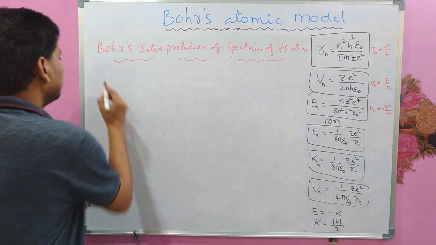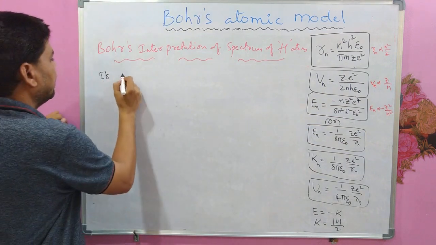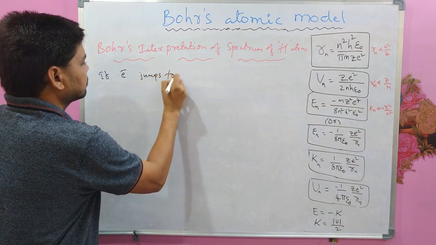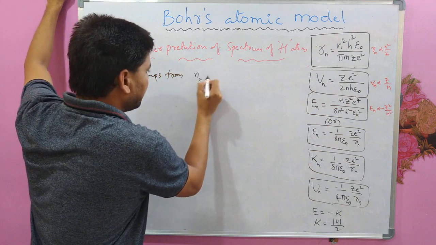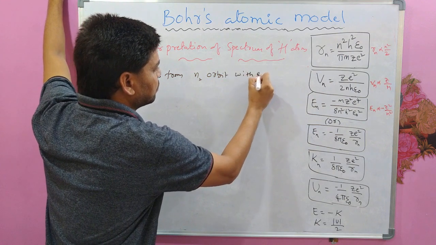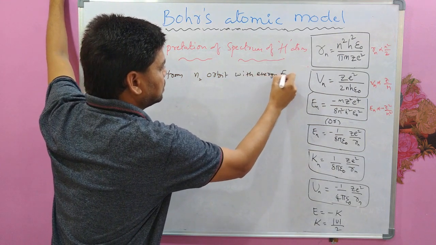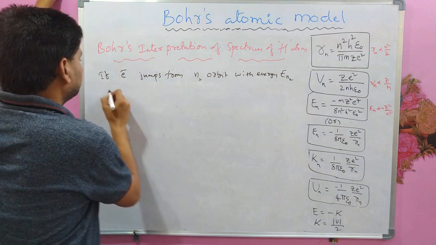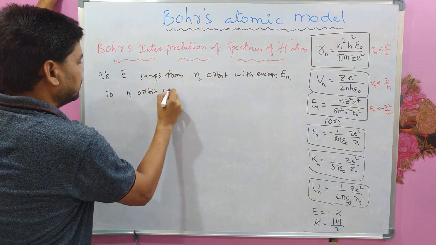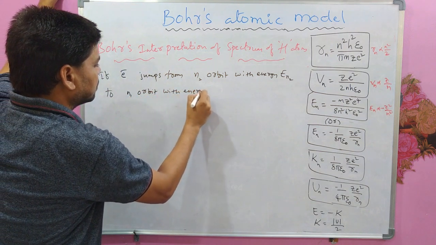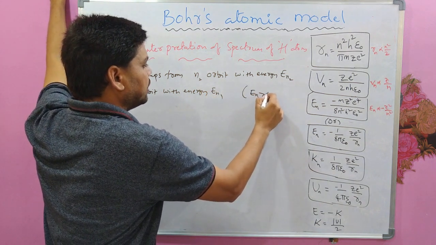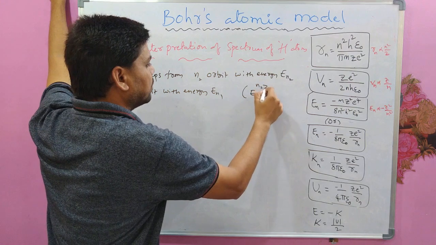Okay, so now we will see if an electron jumps from the n2 orbit with energy En2 to the n1 orbit with energy En1, and let En2 be greater than En1, or n2 greater than n1.